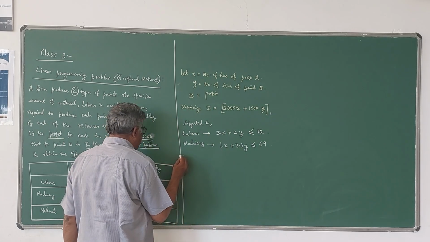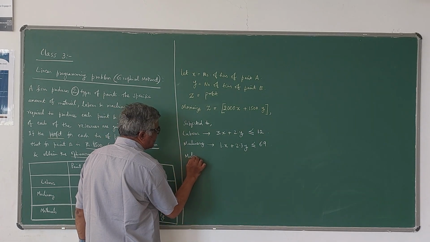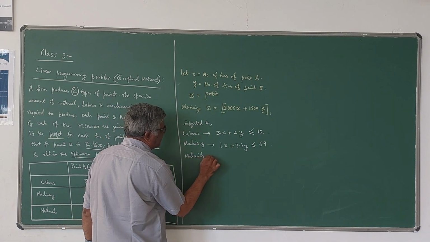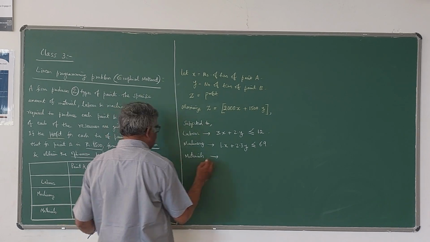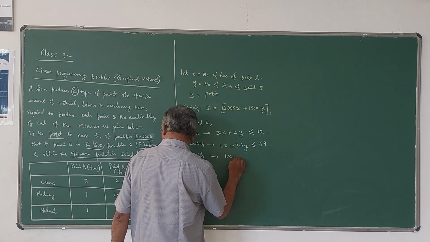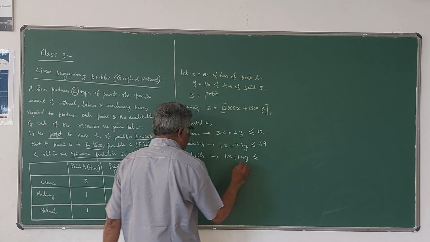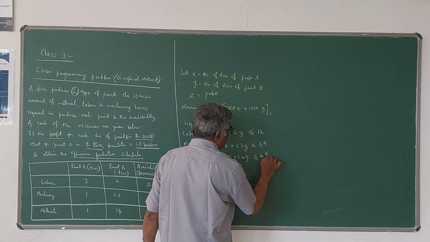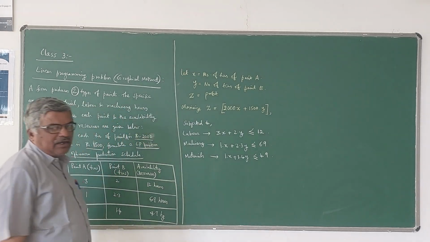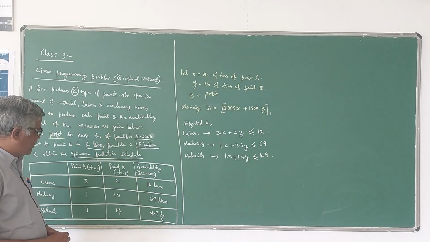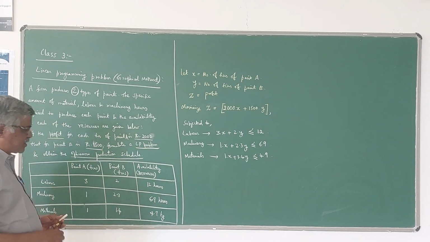And the third constraint is for the materials. So there are three constraints here. For the material, the equation is 1 into x plus 1.4 into y should be less than or equal to 4.9. So these are the three constraints we have for each of the inputs.